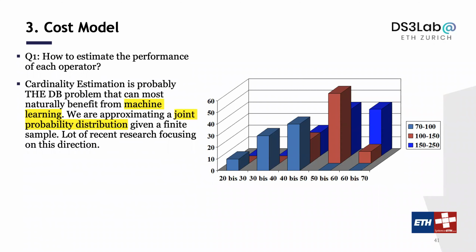One thing I want to comment on is that many of you are taking the machine learning course, and many of you are going to take it next year, depending on which semester you are in. Cardinality estimation is actually one of the database problems that could naturally benefit from machine learning. Fundamentally, the problem we are trying to solve is that we have a high dimensional joint distribution over my data.